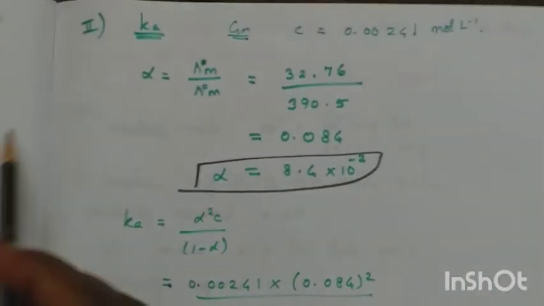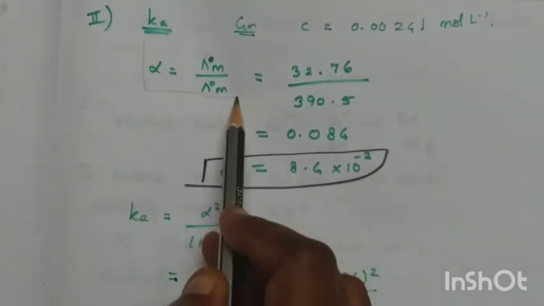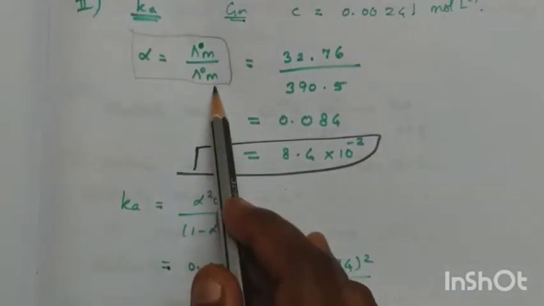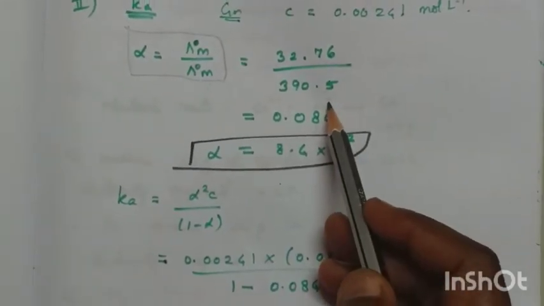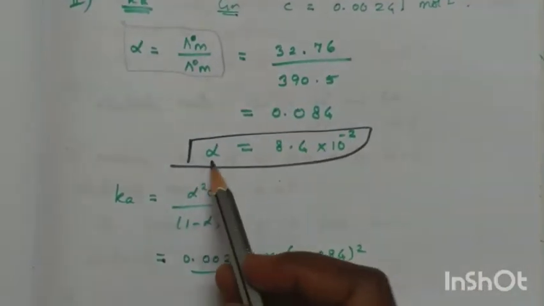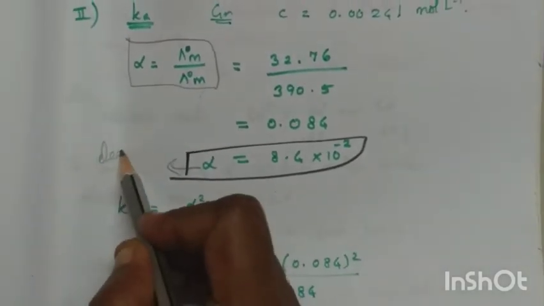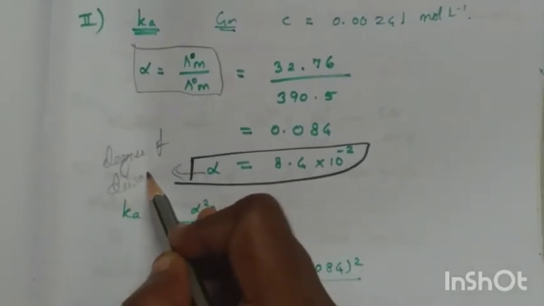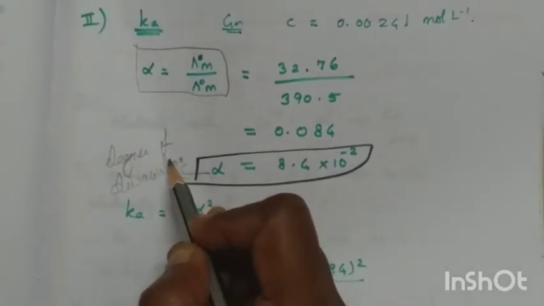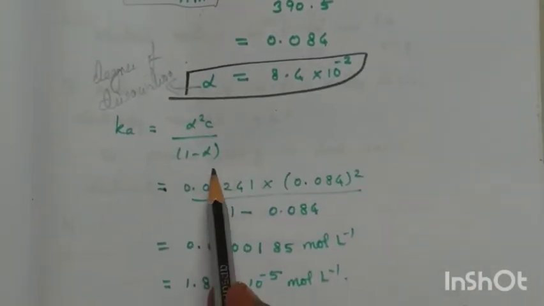What is the relation between molar conductivity and limiting molar conductivity? Alpha is equal to molar conductivity by limiting molar conductivity. Molar conductivity and limiting molar conductivity are given, so we can directly write this. Alpha is nothing but the degree of dissociation. Then K is equal to alpha square C by 1 minus alpha.